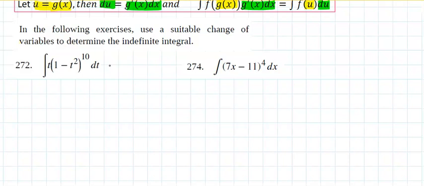You let u equal the denominator of the fraction if there are no power functions. If you don't see any power functions, say, okay, do I have a fraction? Let u equal the denominator of that fraction. Now, later on, when you do logs, exponentials, trig, you let u equal the angle if you don't see a power function, unless you see sine and cosine, because the derivative of sine is cosine, and the derivative of cosine is sine. And we'll see all of these examples coming up.